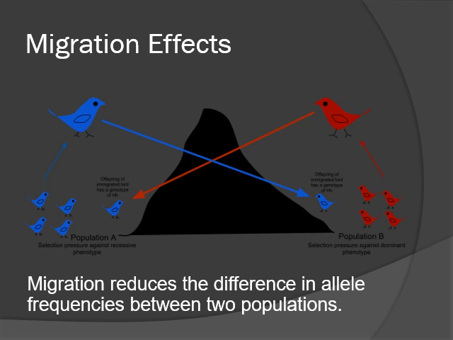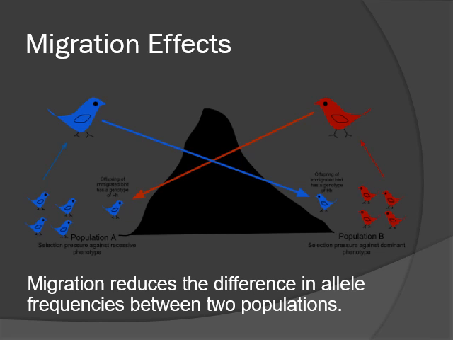Now, migration serves to minimize differences in allelic frequencies. Here we had a big difference of 1.0 brown, 0 green, 1.0 green over here, 0 brown. Migration is going to start bringing them closer together. So as migration increases, allelic frequency changes, and differences decrease.